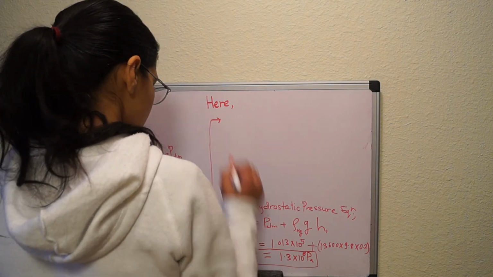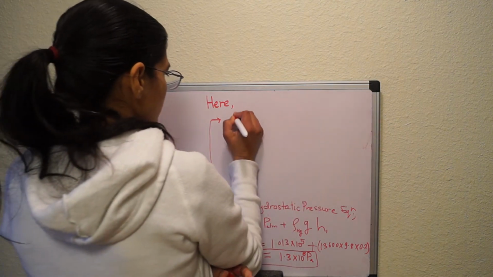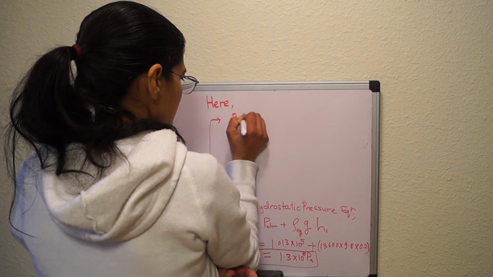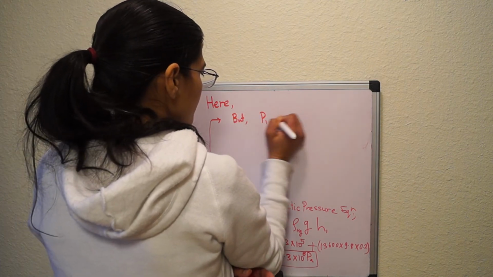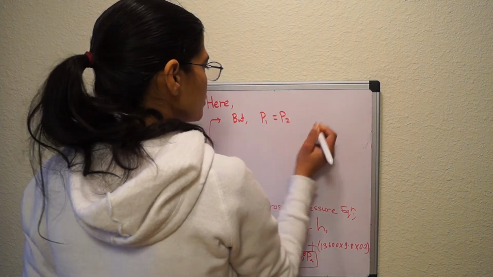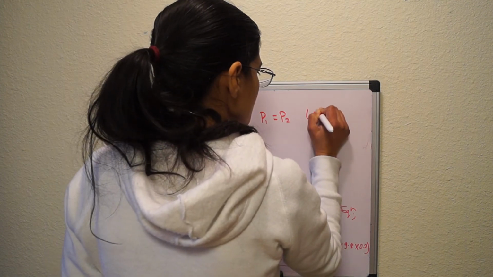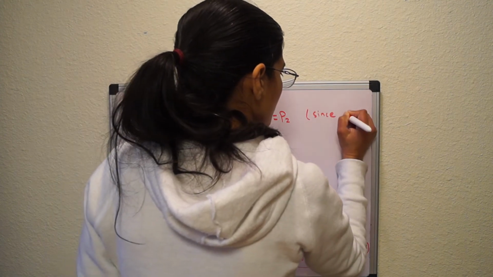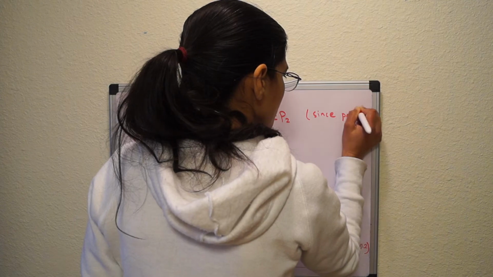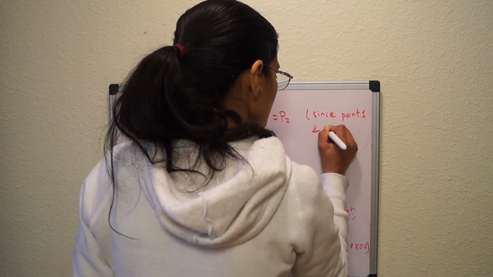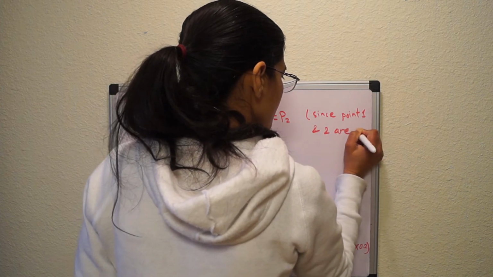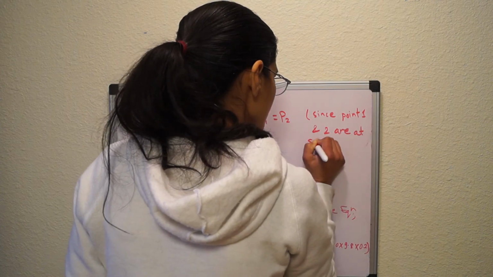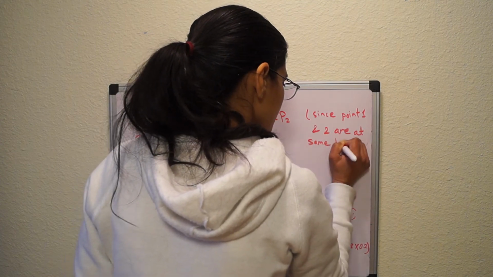So P1 must be equal to P2, since points 1 and 2 are at the same horizontal line.